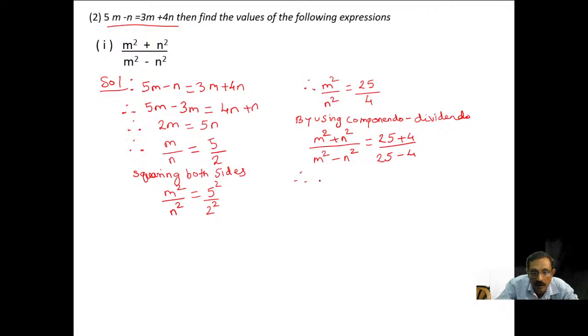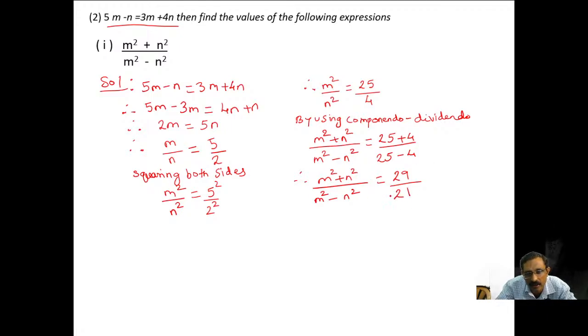Therefore, m square plus n square upon m square minus n square is equal to 25 plus 4 gives me 29, and this gives me 21.